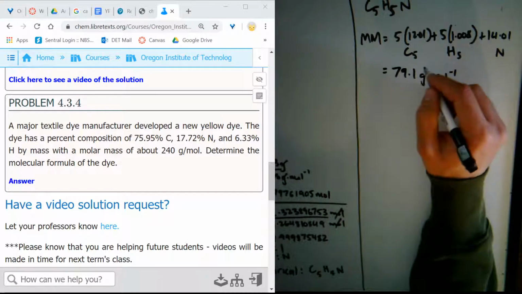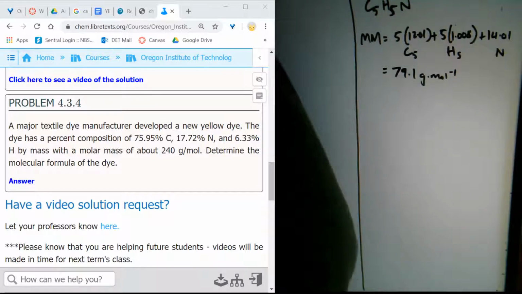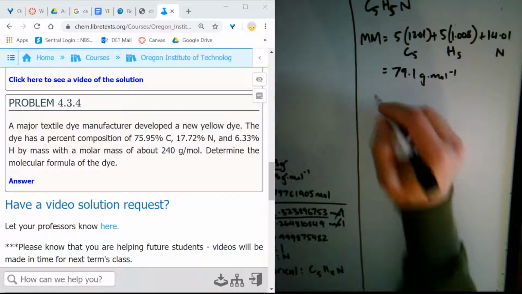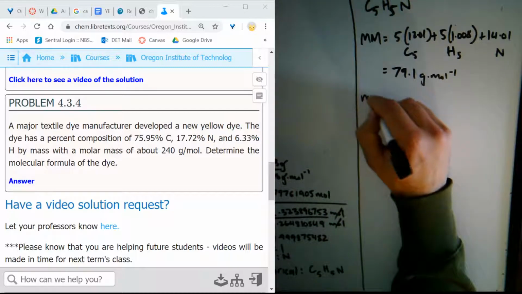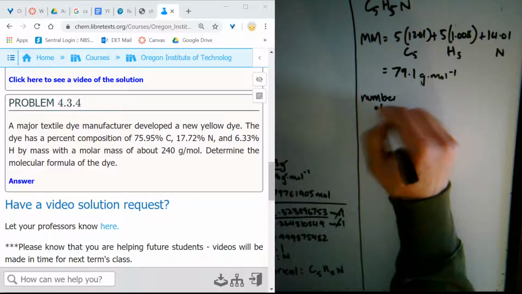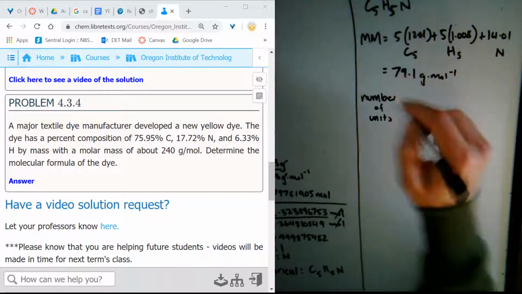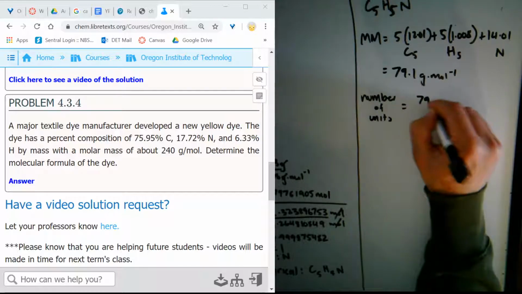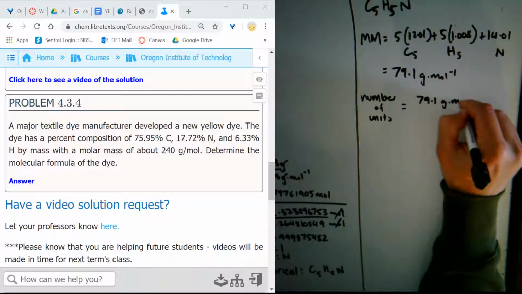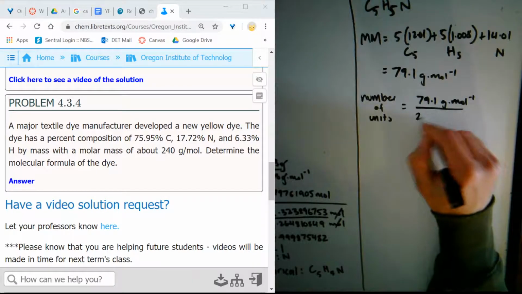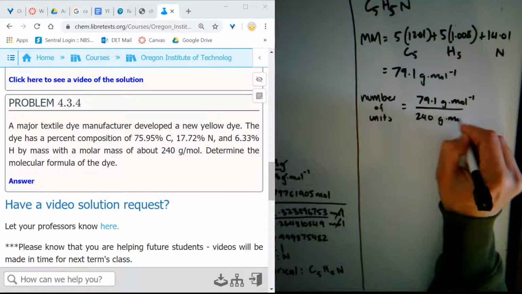And if we look it up, it actually says over here, it's 240 grams per mole. So let's see what fraction of that we have. If we work out the number of units, as we said before, the number of units of C5H5N, how many of these fit into this bigger compound? It's 79.1 grams per mole divided by 240 grams per mole.